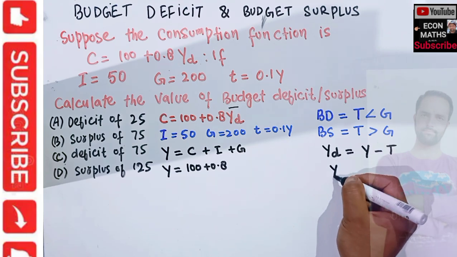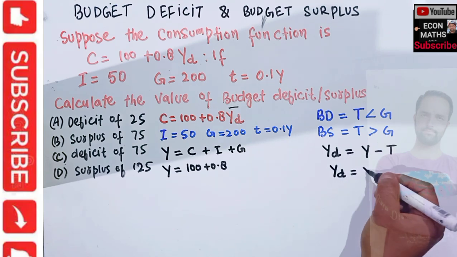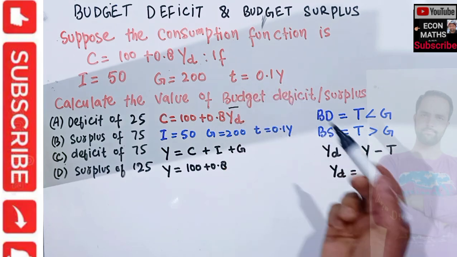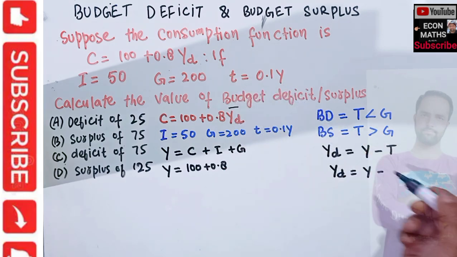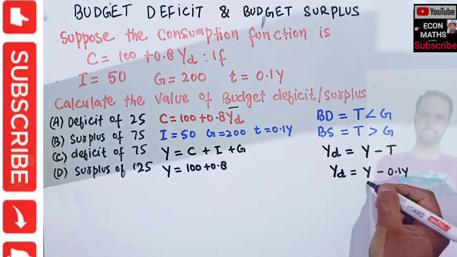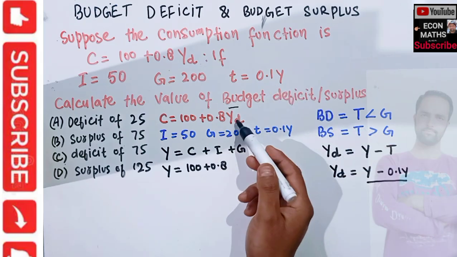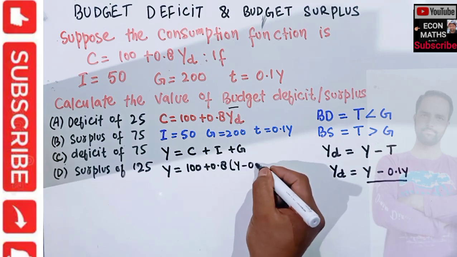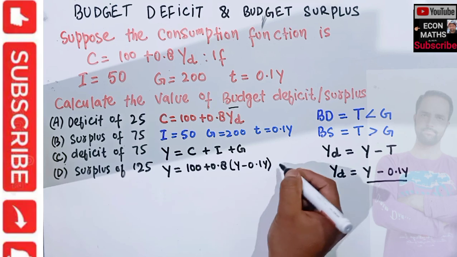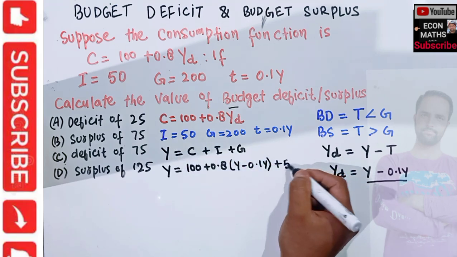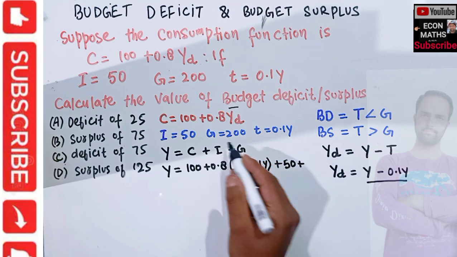So Yd = Y - 0.1 Y. In place of Yd, I can write Y - 0.1 Y.